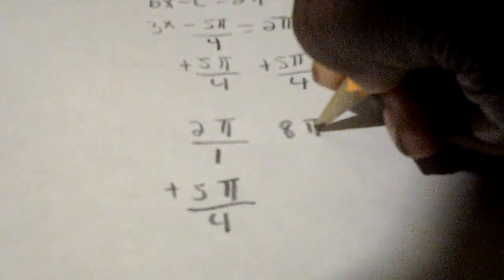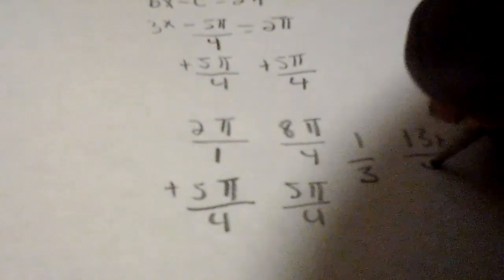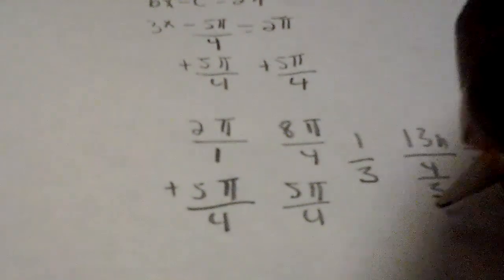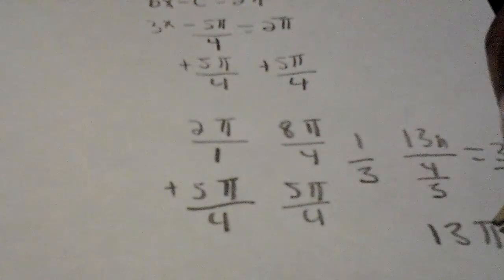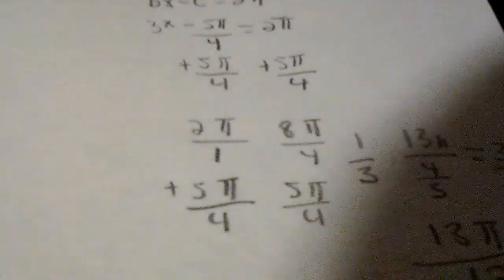And then I'll do 2 pi over 1 plus 5 pi over 4, 8 pi over 4, 5 pi over 4, times 1 over 3. Then I get 13 pi over 4 over 3 equals 3x over 3. That should give me an answer of 13 pi over 12, because 4 times 3 is 12.